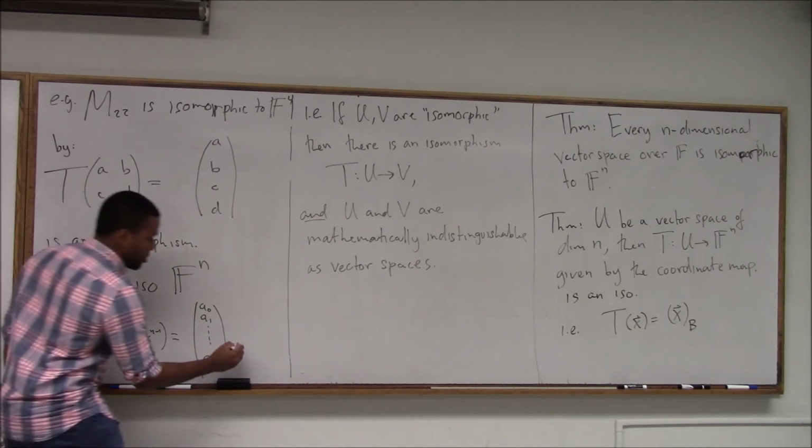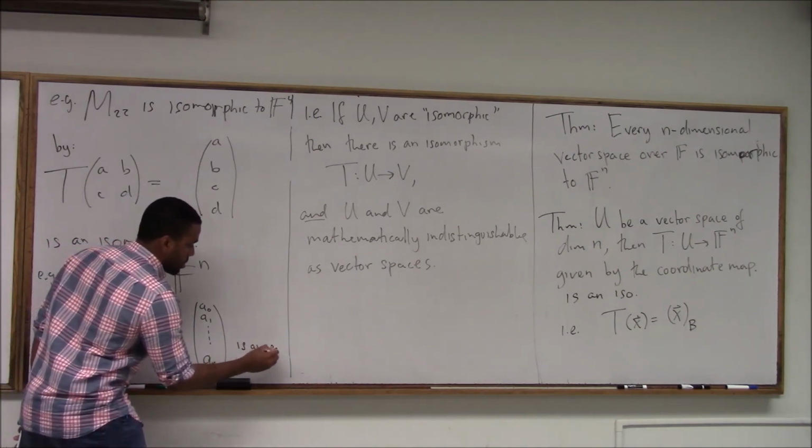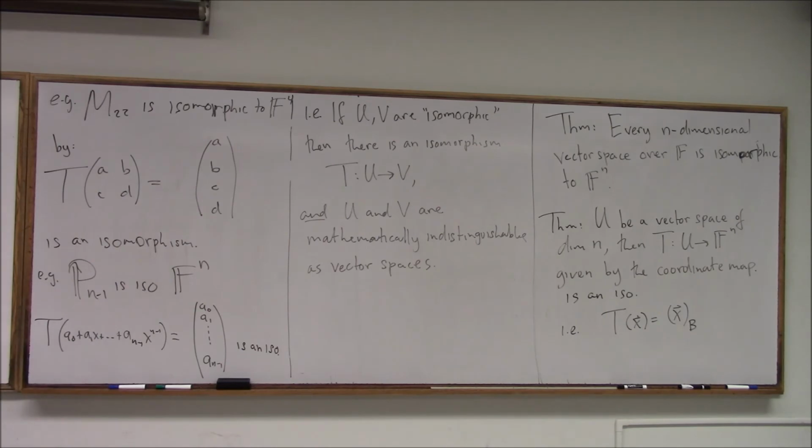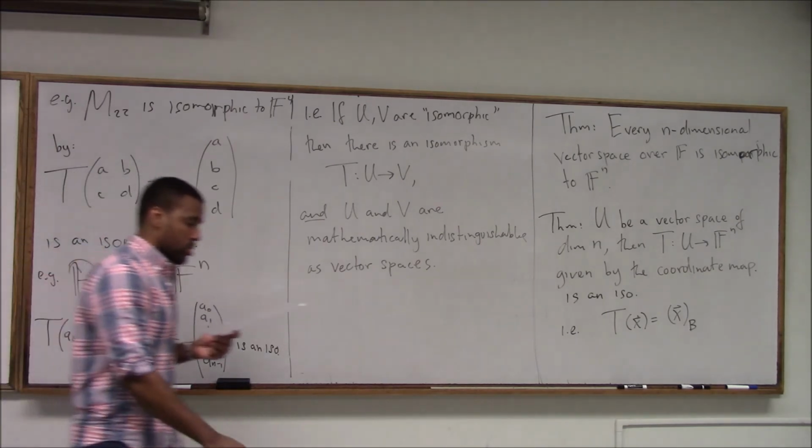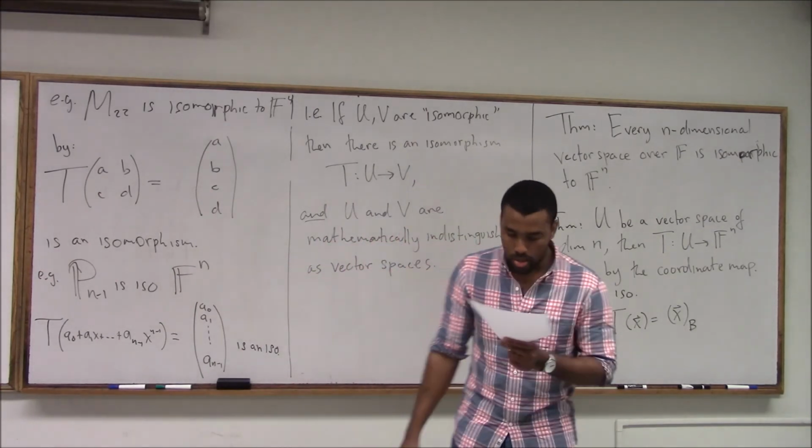This is an isomorphism. You can prove that this kind of function is one-to-one and onto, and it's a linear transformation. It will preserve sums and scalar multiples.